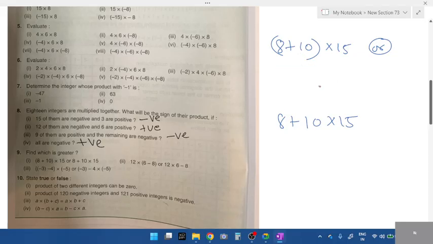What is given? 8 plus 10 is 18 into what? Take the next value. Tell me the next one. In this one, which one will you solve? This multiplication is between which two numbers? So first multiply this sign, try both the questions, tell me which is greater.